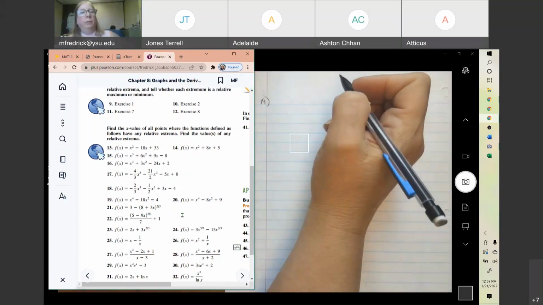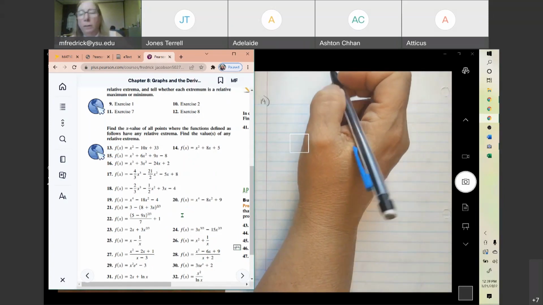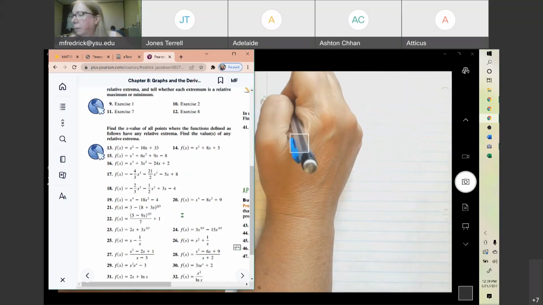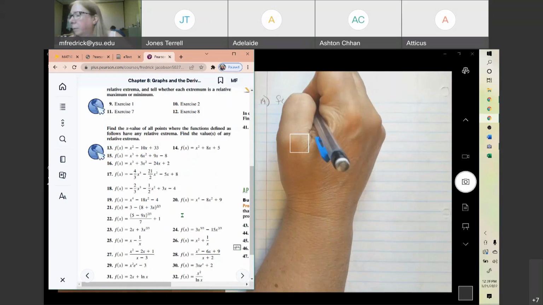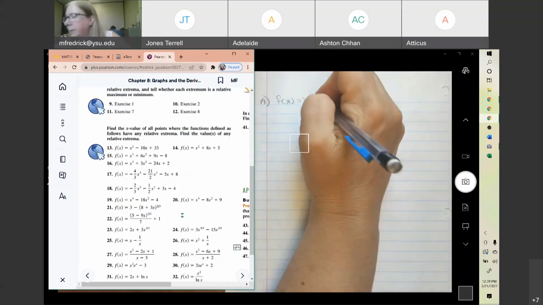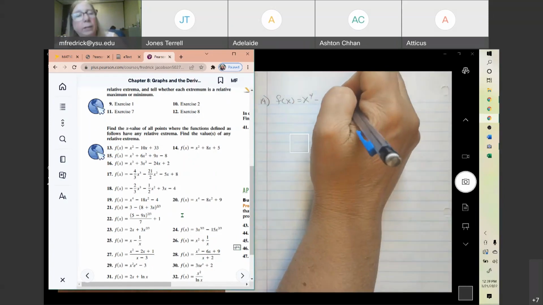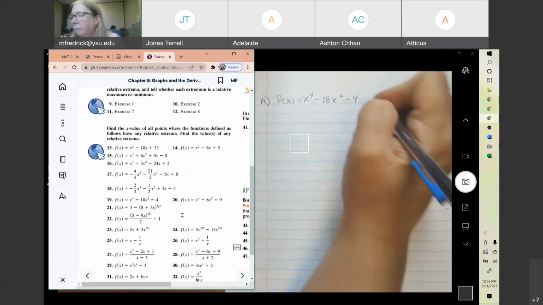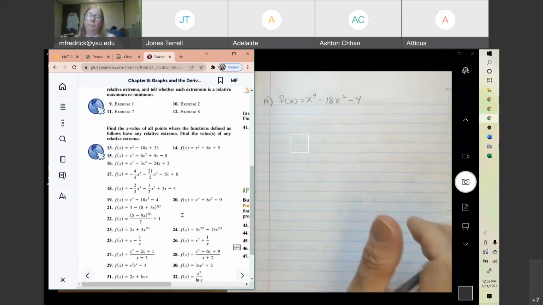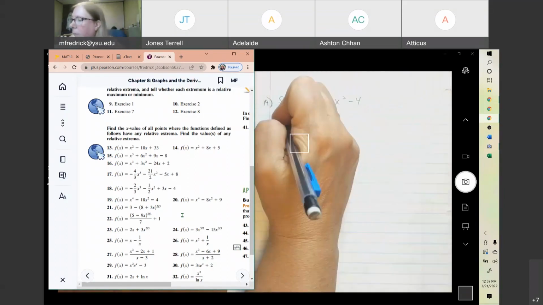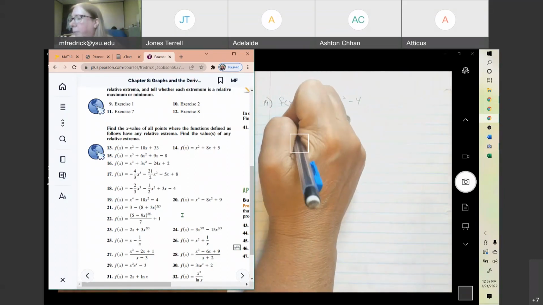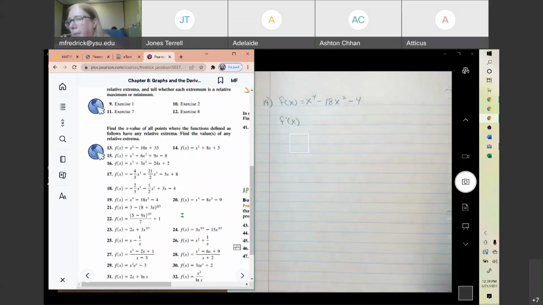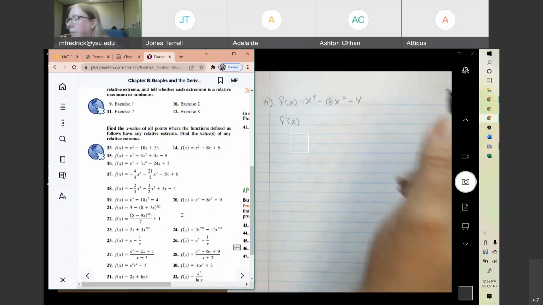Because it's a little different when you're finding the values. So we have f of x equals x to the 4th minus 18x squared minus 4. So we want to find our critical numbers by taking the derivative and setting it equal to 0.